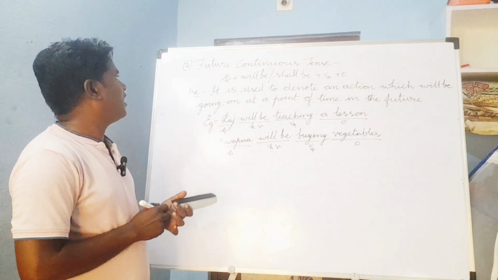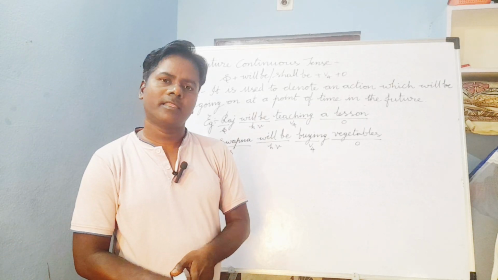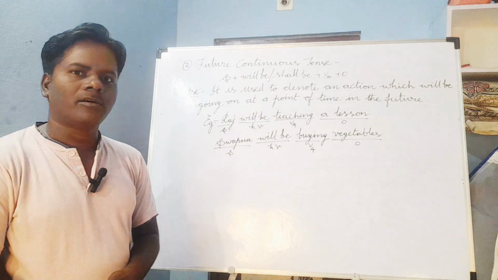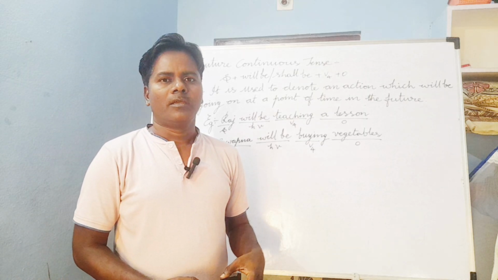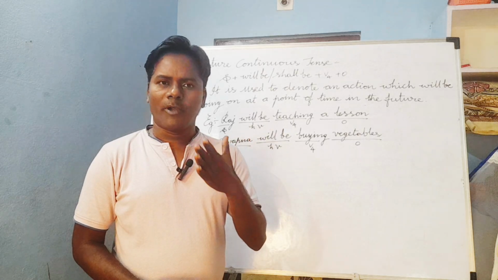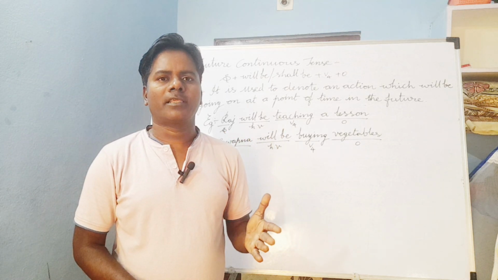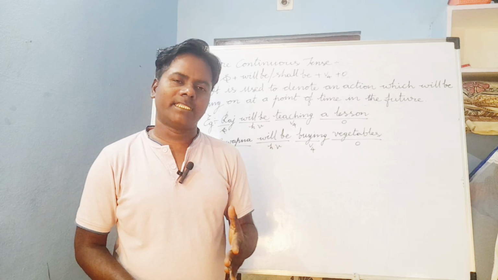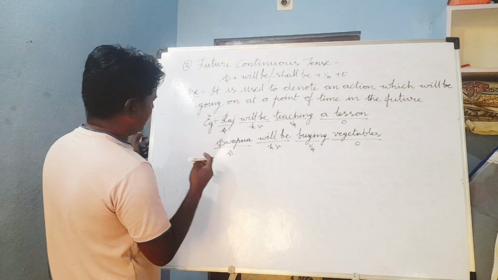So like that we use future continuous tense in a sentence. Here this won't tell you about the starting point and ending point of the action. It also tells you about the progress of an action. Next one is future perfect tense.